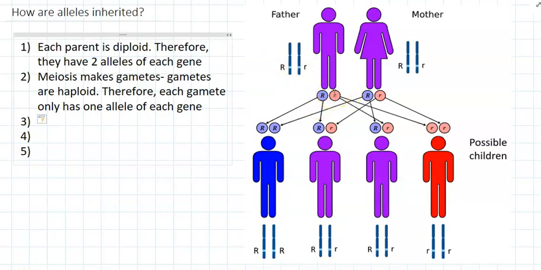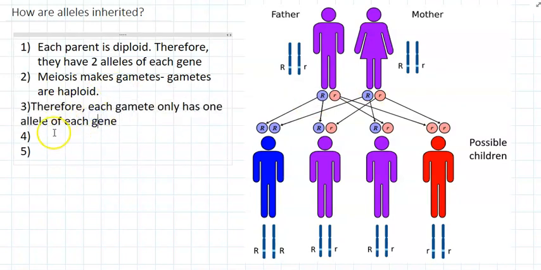And it's a 50-50 random chance which allele goes into each sperm cell. And the same for the mother's egg cells too. Alright, so that was the 3rd point.